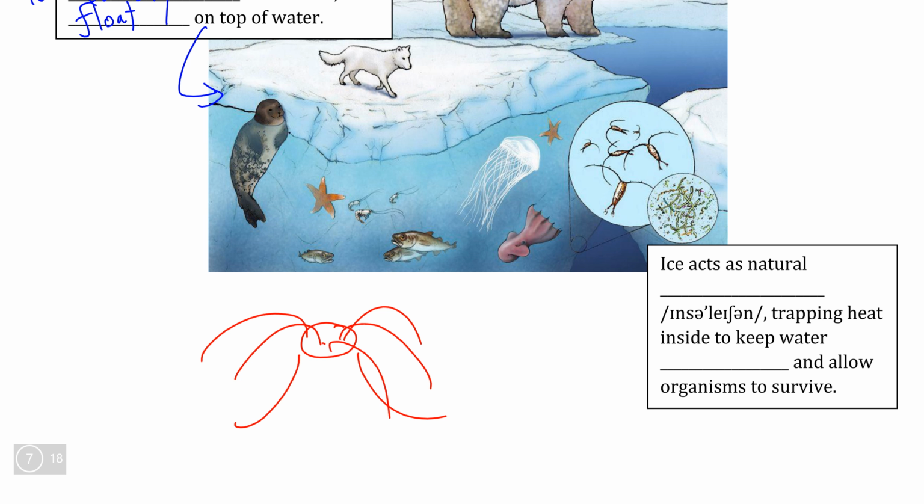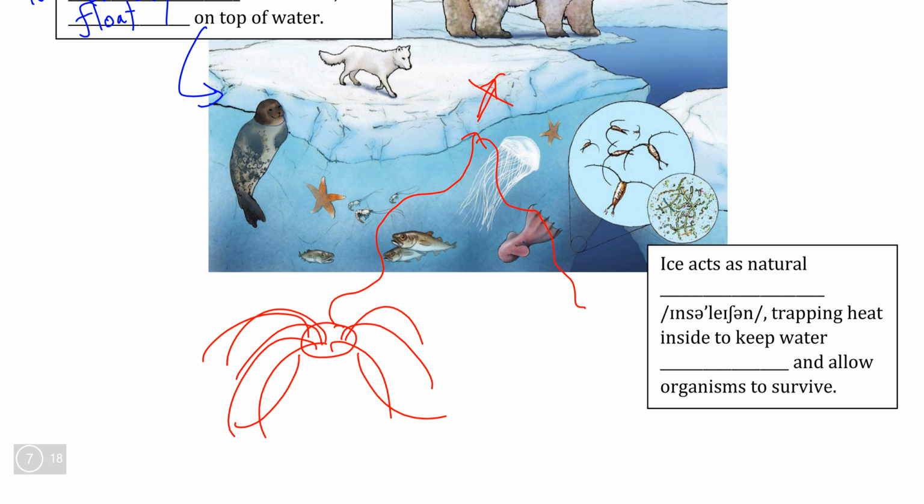So here we can see our underwater volcano is erupting, and as it erupts, it's going to transfer heat upward. However, when it hits the ice, most heat does not actually pass through the ice.